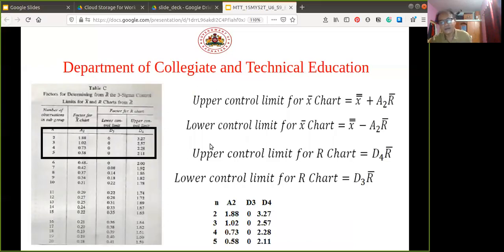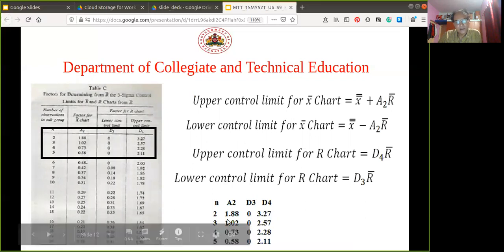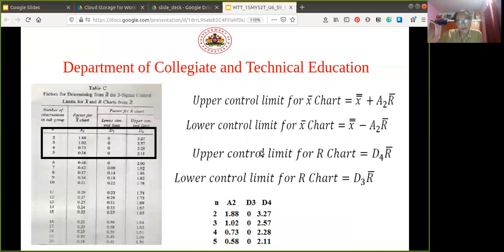What does table C indicate? I'll take only these values: small n, A2, D3, D4. See, I have written the same thing here. Small n starts from 2; I have taken 2, 3, 4, 5.